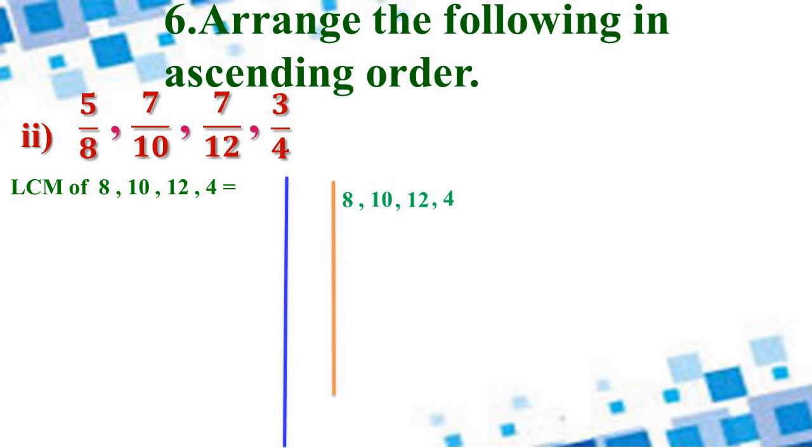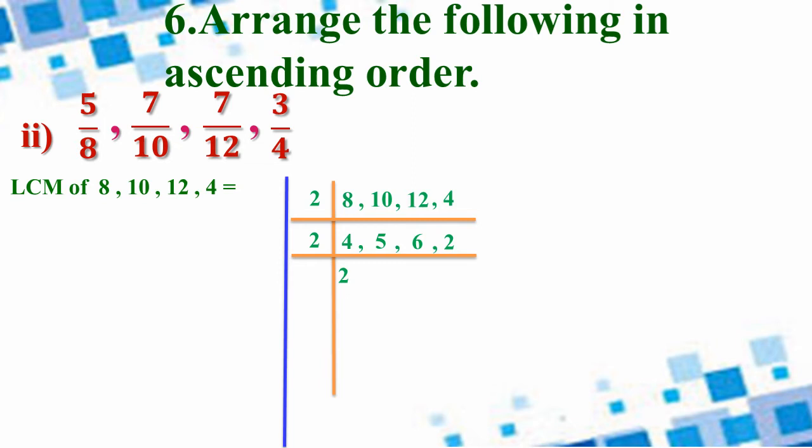First let us take the common divisor. Here the common divisor is 2. Let us write the quotients. Here 4 2s are 8, 5 2s are 10, 6 2s are 12 and 2 2s are 4. Next the divisor is 2. Here 2 2s are 4.